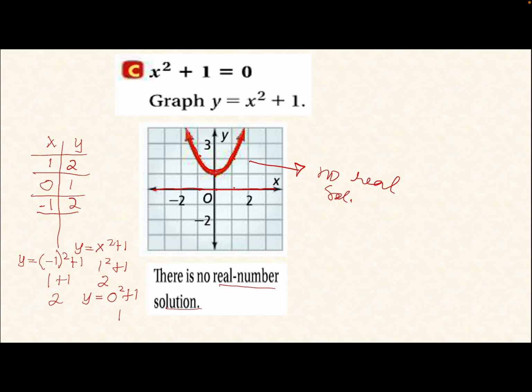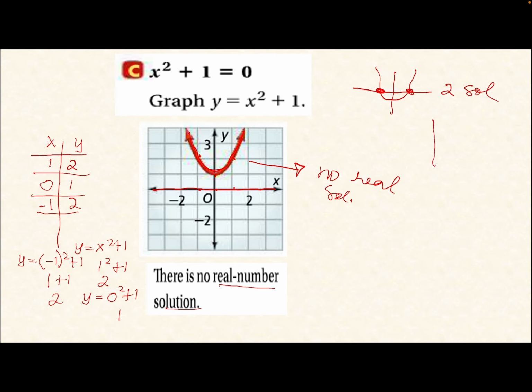Let us summarize. Let us say this is the Cartesian plane and this one is the graph. The parabola crosses the x-axis at 2 points. Therefore, it means to say that it has two real solutions.